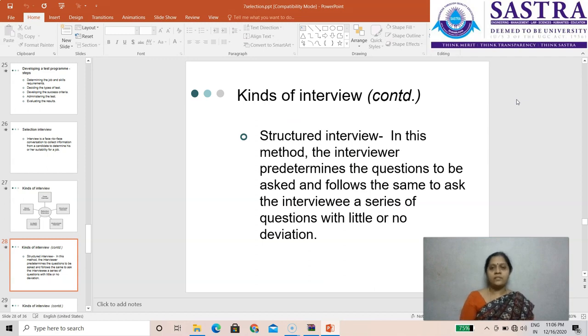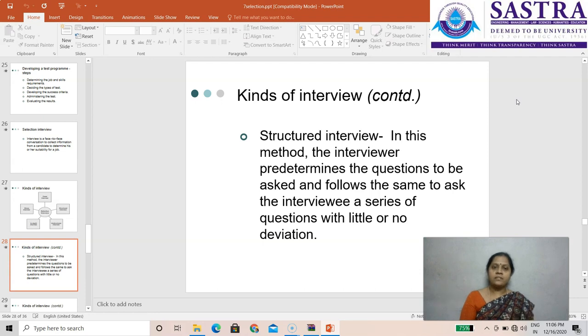In this method, the interviewer will have a predetermined set of questions, and he will ask those questions to the interviewee. The interviewees will face the same kind of questions, and hence a kind of uniformity will be there in this structured interview.